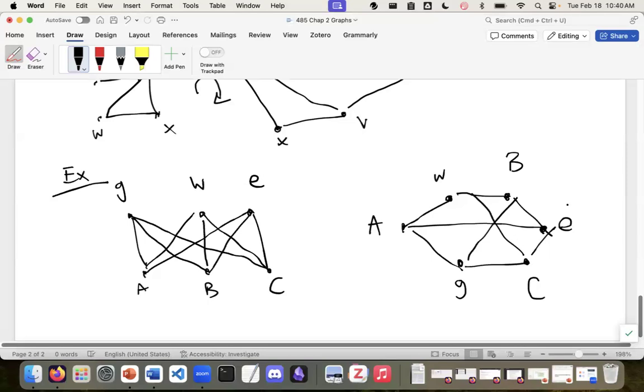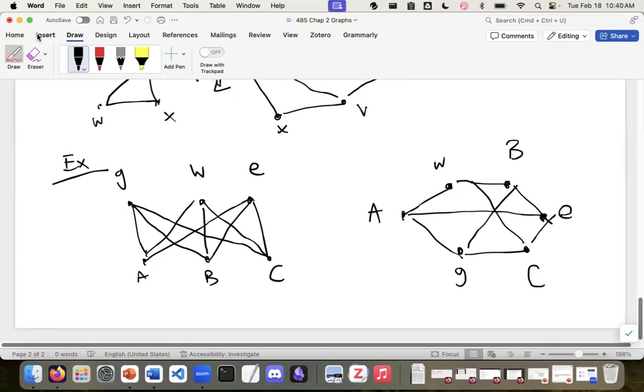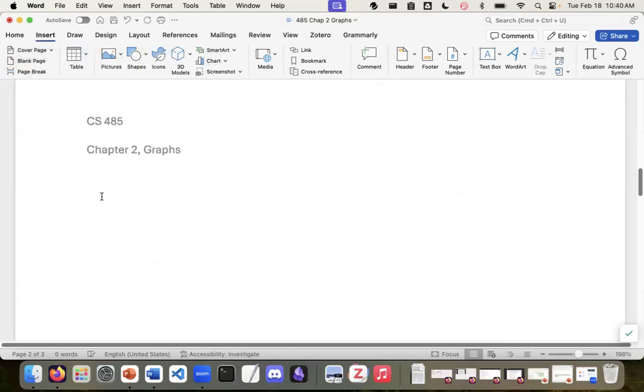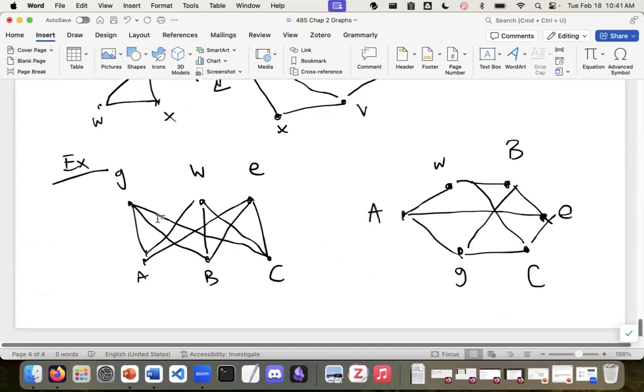The graph looks really different to me, but it's the same graph. We've just moved things around. Something that's not the same. We want a blank page here.